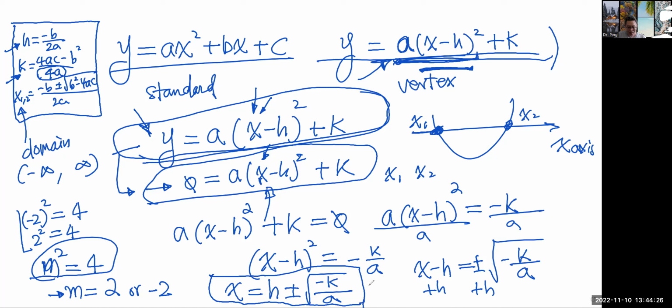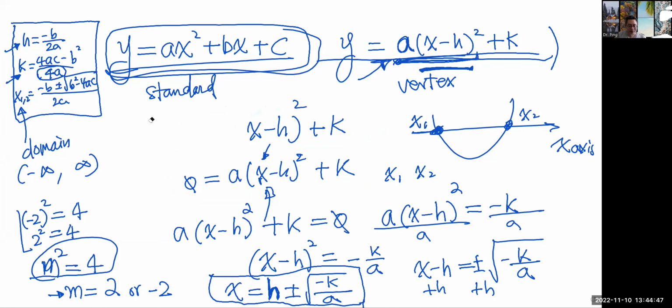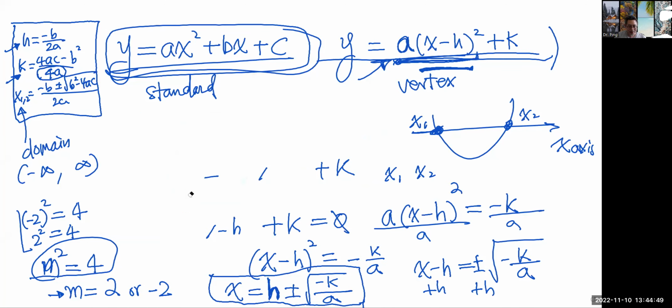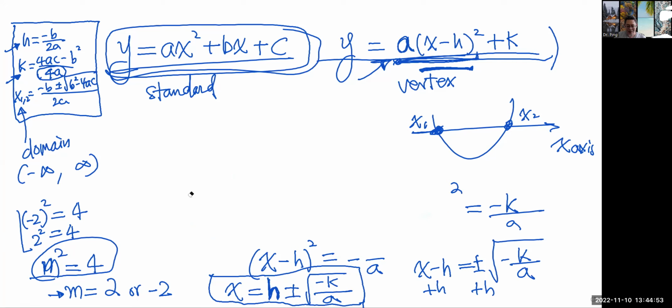But a lot of times they give us the standard form, so that means we have to rewrite this formula in terms of a, b, and c. But anyway, that's where we get started. This is a good step. So now we're going to use our vertex formula to get a, b, and c.